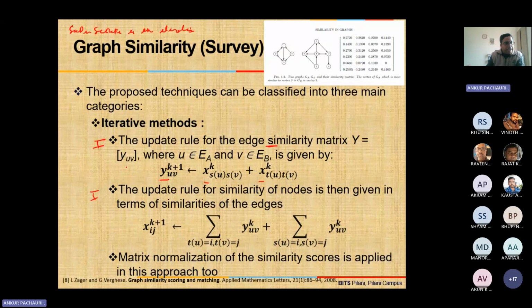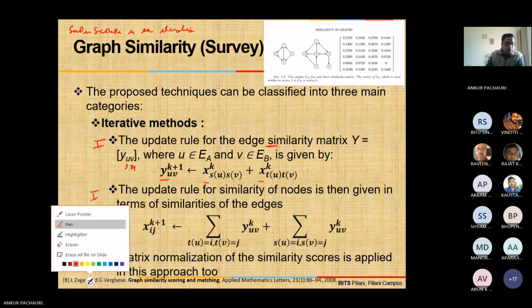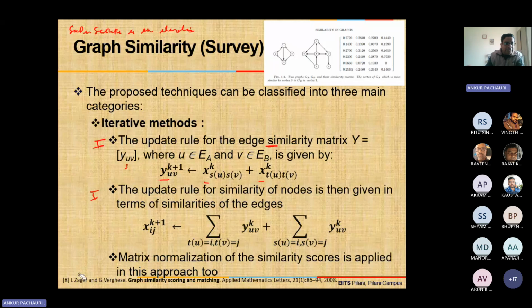Suppose they want to, so this is an edge, U V. Let us talk about 3, 4 only to make it simple, because 7 is not there in this example.